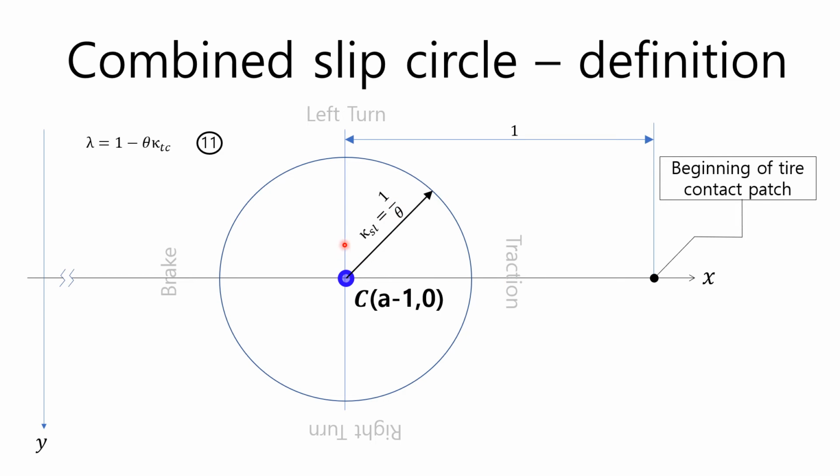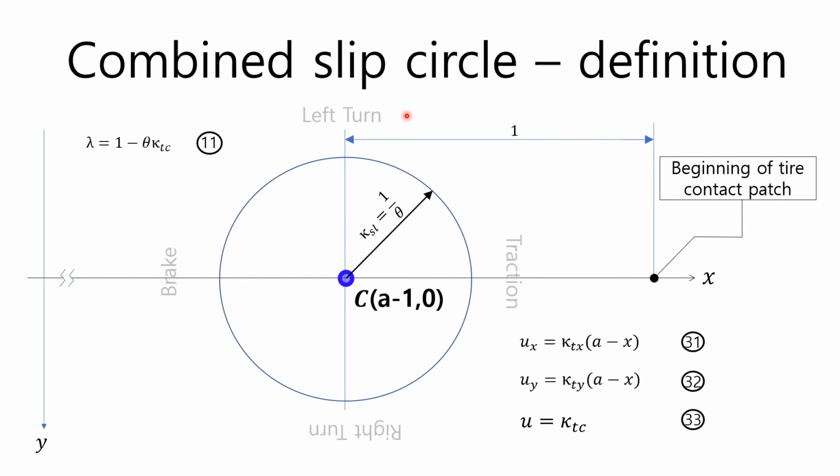Kappa sliding is the combined slip when the sticking ratio lambda of equation 11 becomes 0. And at the same time, it is the numerical value of the displacement at which total sliding starts.